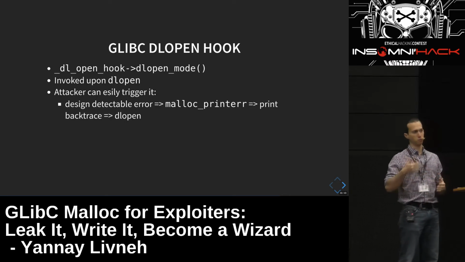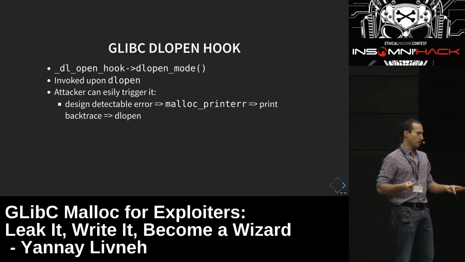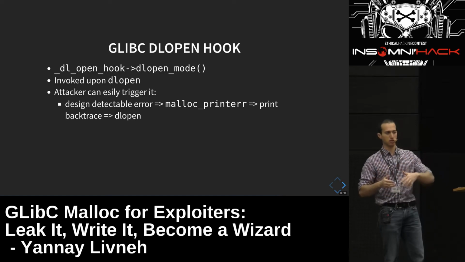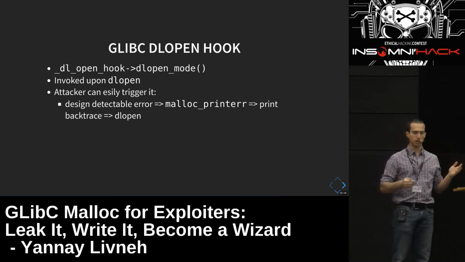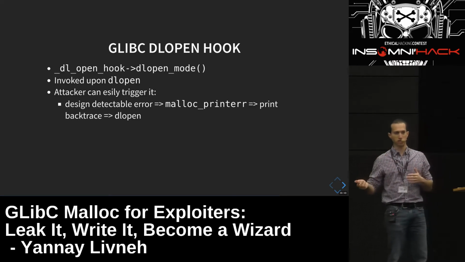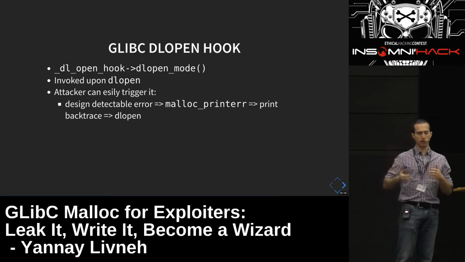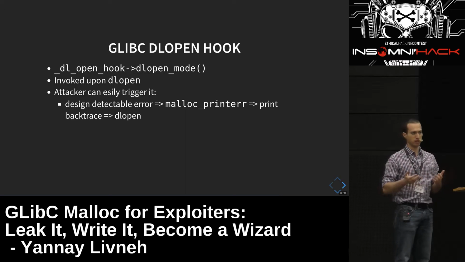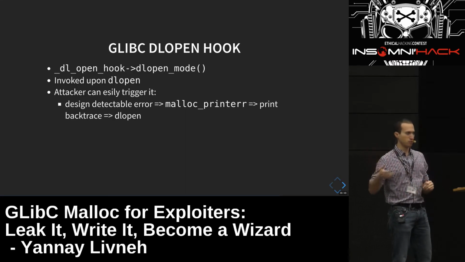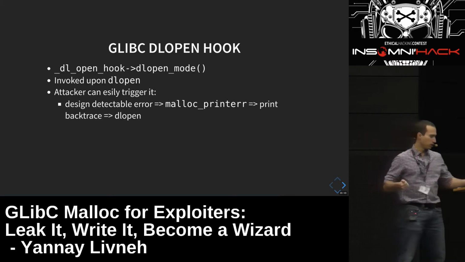If you remember the malloc print error function, at some point it tries to print a backtrace, and to print a backtrace, it's using a function in a different library, so GLibC actually does DL open to get this function. So you trigger a very detectable error, you write some stuff, you make some inconsistencies, and it will just do DL open and use the DL open hook.